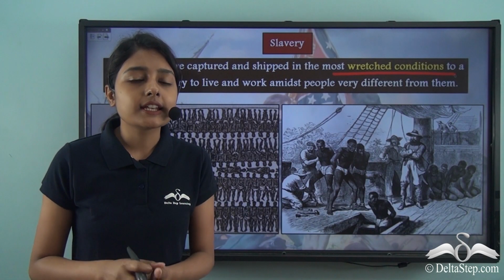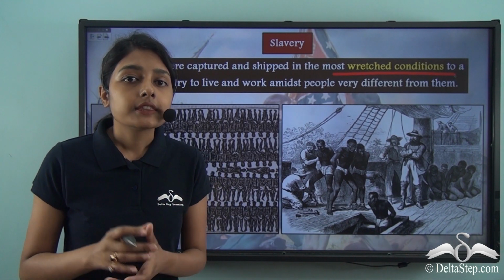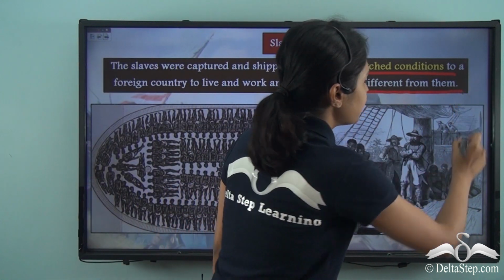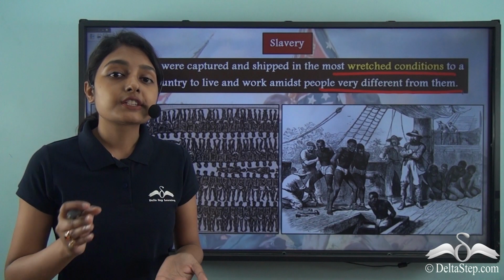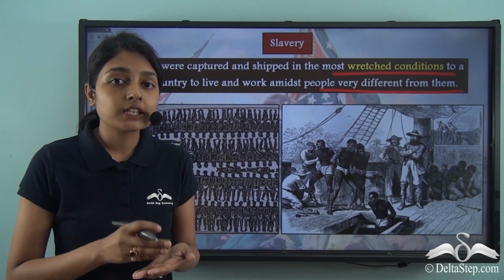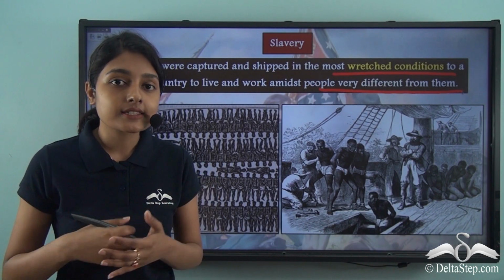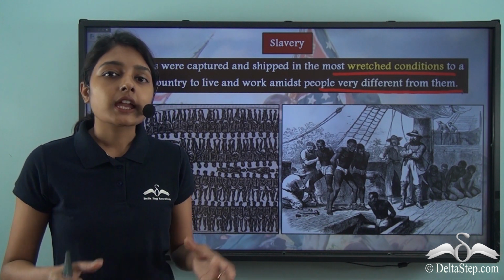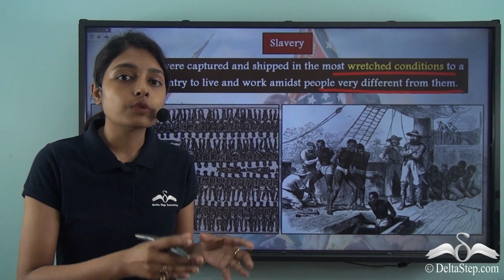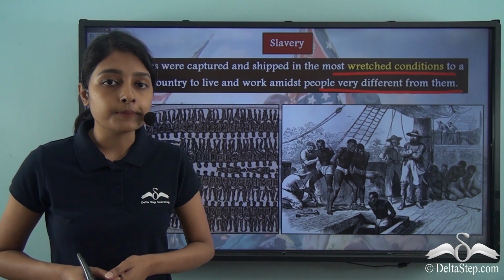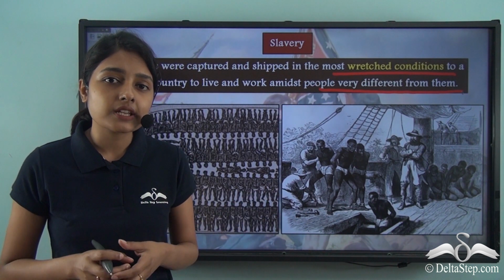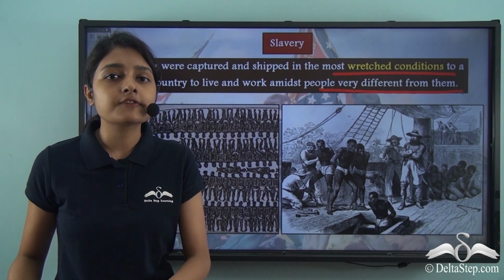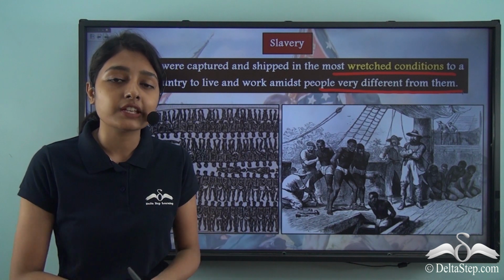Now, when the slaves reached North America, they were compelled to live among people who were very different from them, in the sense of religion, in the sense of race itself, in the sense of community. These Africans were in no way similar to the people who were living in North America. They belonged to different races, which is why they had different sets of cultural beliefs, different religions, different ways of living.